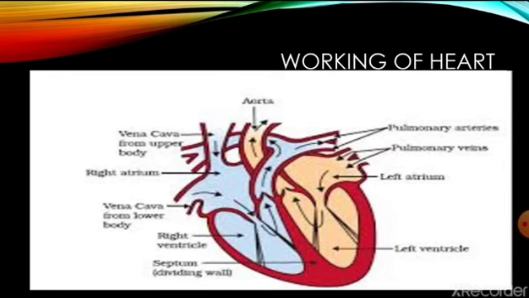Now, when the blood is drained from the left atrium to the left ventricle, the atrium relaxes and the ventricle contracts. Now, what happens when the left ventricle gets filled up? The oxygenated blood is distributed to different parts of the body through the largest artery present in it, called as the aorta.